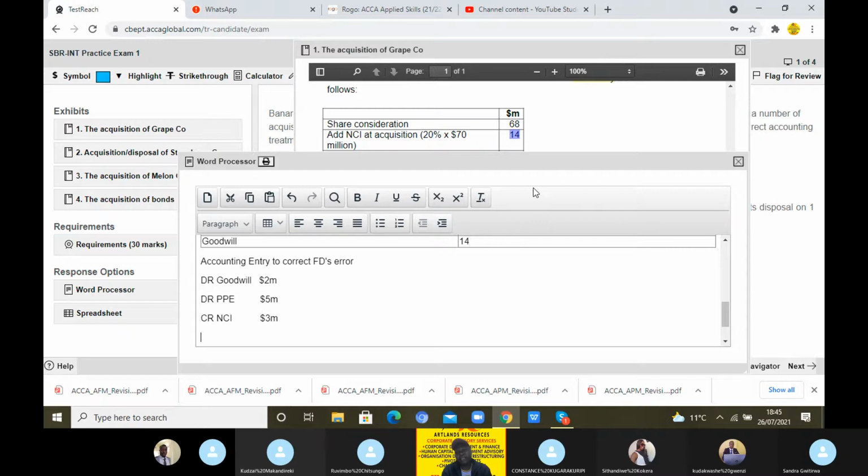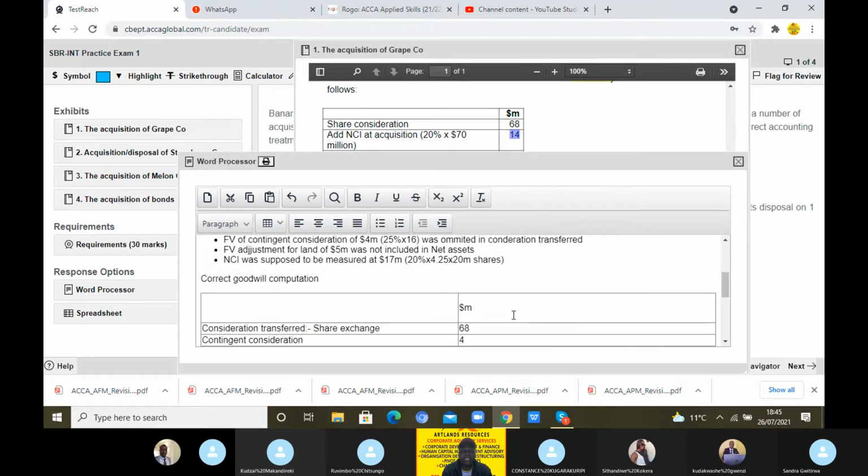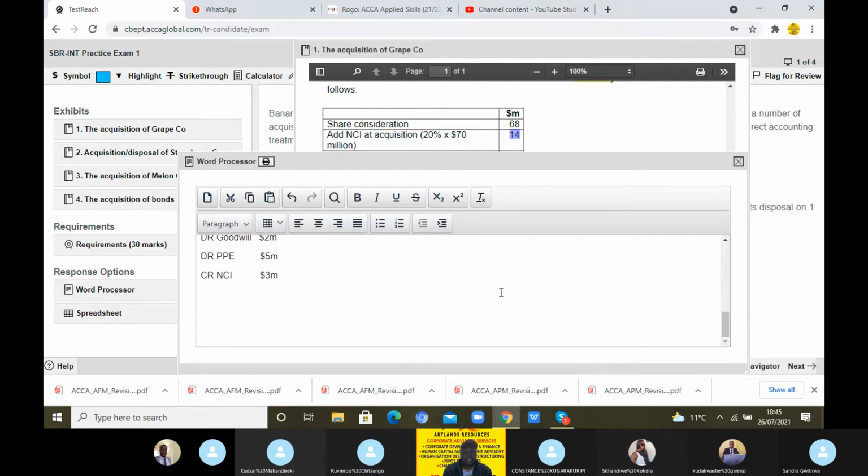Deferred consideration. Contingent consideration is a liability, because it's a liability that you shall pay. So you then increase your liabilities. So this is credit, liability. It's a contingent consideration. So just say liability, you can put CC, contingent consideration, by 4 million.